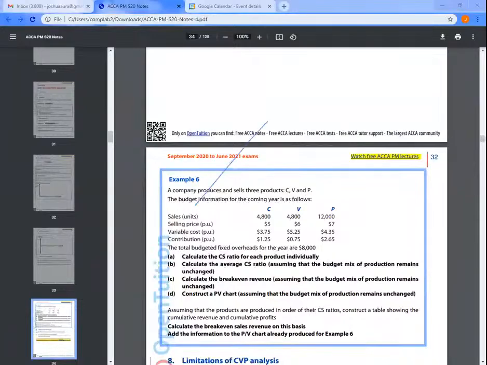So just check. Remember, calculate the average CS ratio, assuming the budget. Let me repeat this very fast.